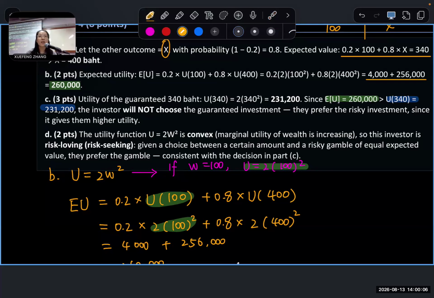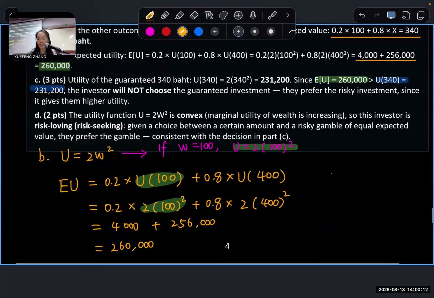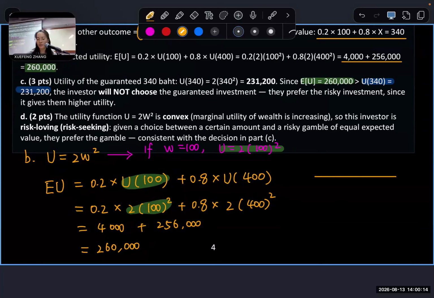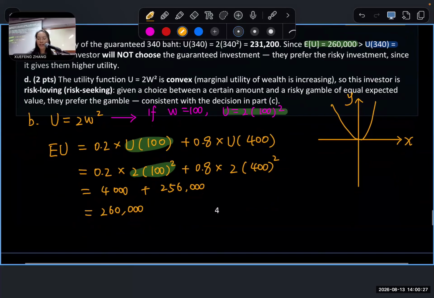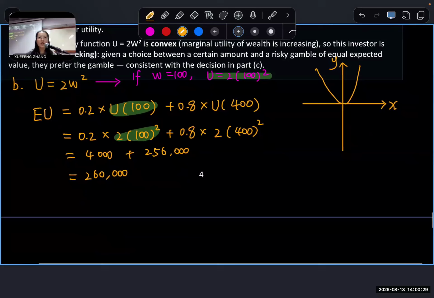How does it look like? And because we have the positive 2, what is quadratic function? Let me show you. Is this quadratic function? Yes. But right now, we only care about the first coordinates, right?